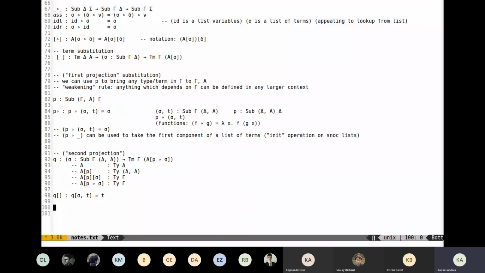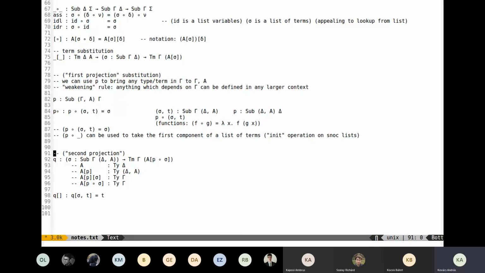And now we can actually start. CDR is like a first projection operation in Lisp. No, second projection operation in Lisp. Yeah.